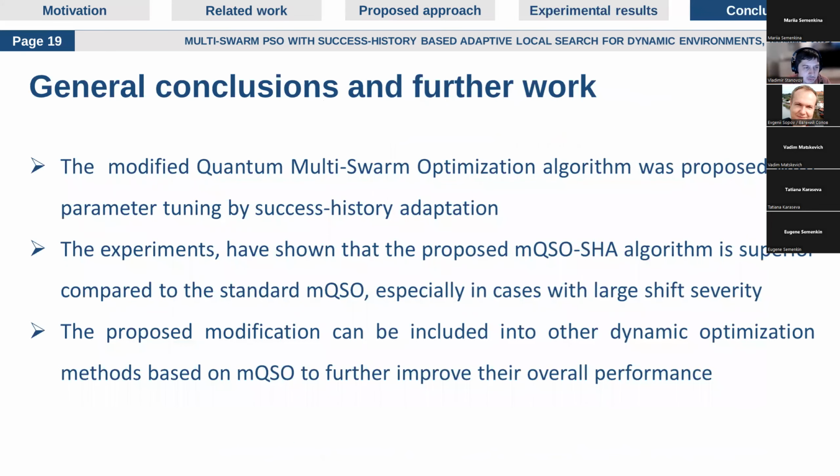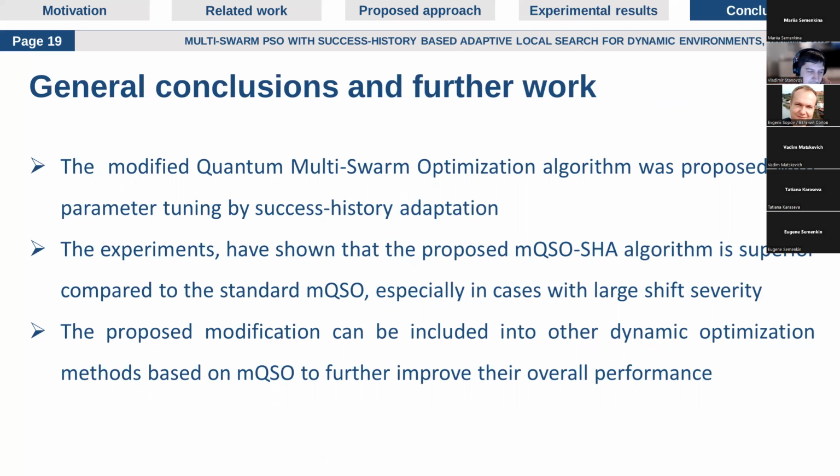So in conclusion, we can say that we've proposed the parameter tuning for the success history adaptation algorithm, and we have shown that this is an important modification. It makes a difference.